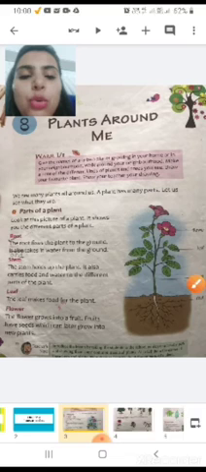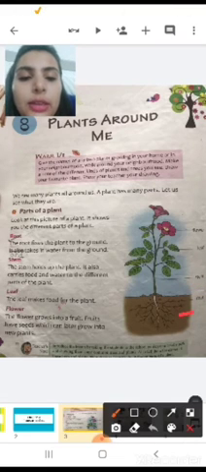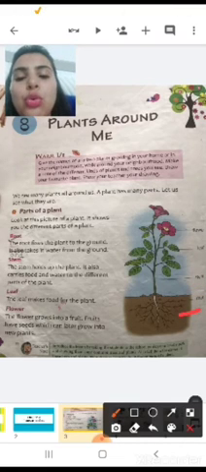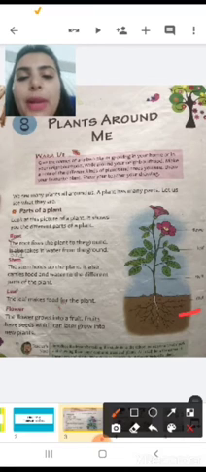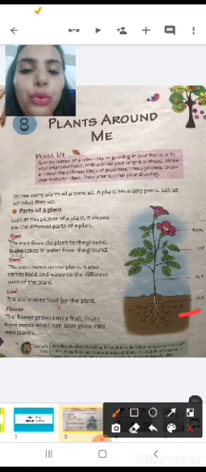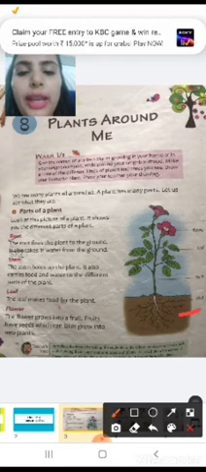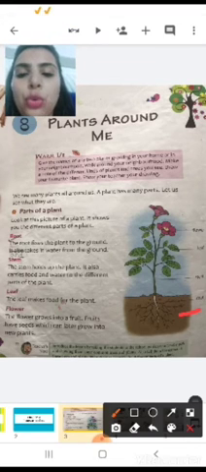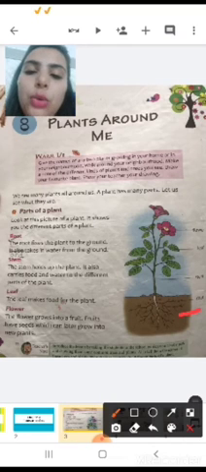So first is root. See here written root. Root fixes the plant to the ground. It also takes in water from the ground.